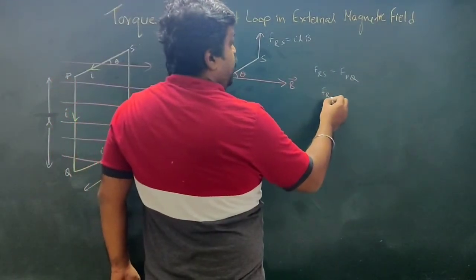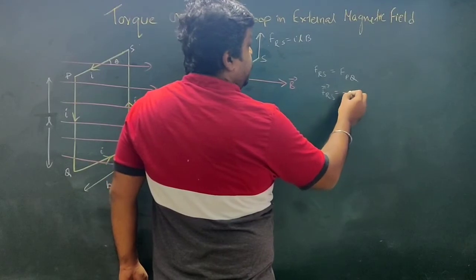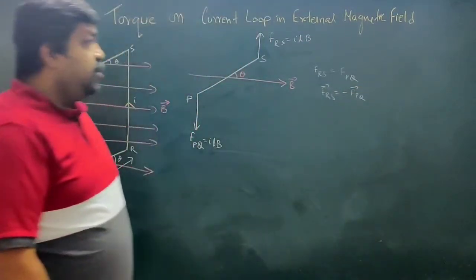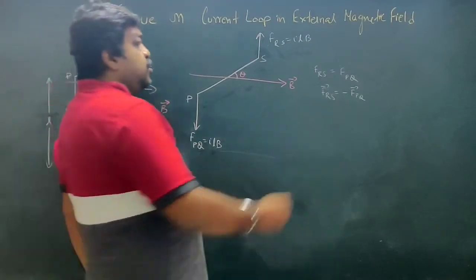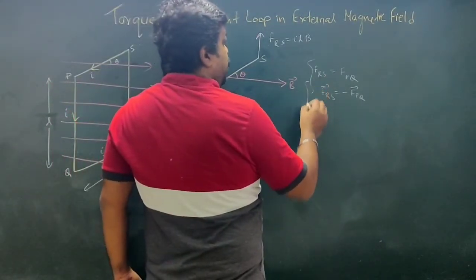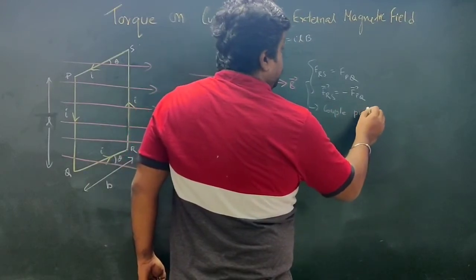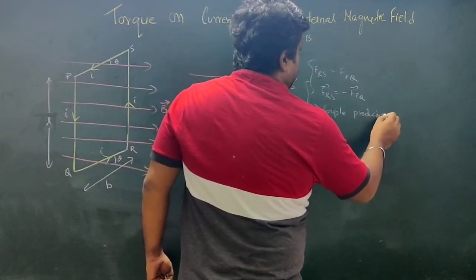They are acting in opposite direction. So vector FRS equal to minus FPQ. They are acting in opposite direction. So they will form a couple, producing torque.